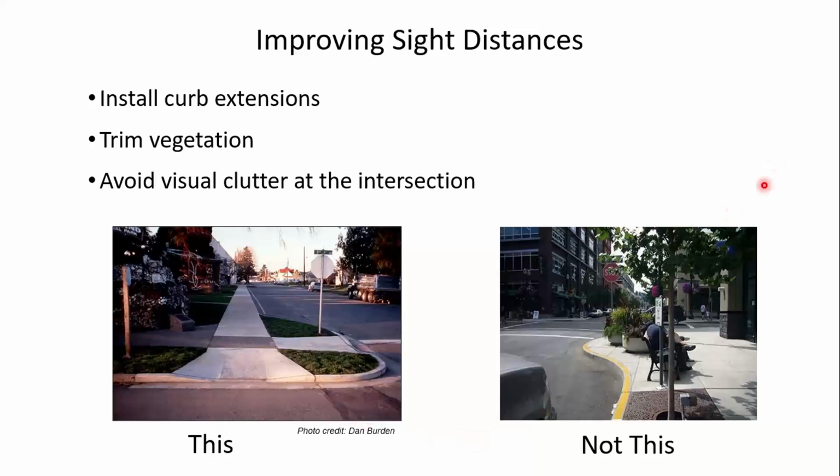And then on the right-hand side, you see another example. And notice here, some aesthetic treatment, which is a good thing. But the thing I am concerned about here is I think that vegetation is too high, in my opinion.